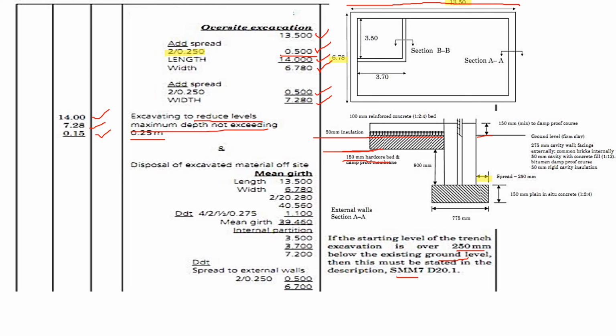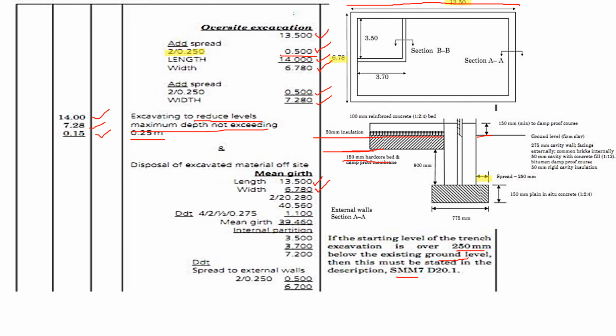Okay, so the next step is excavating for the trenches. To excavate for the trenches, we need the mean girth. How do we calculate the mean girth? For the mean girth, we take the length, 13.5, the width, 6.78. Remember, to calculate the mean girth, we take the external perimeter, then we deduct number of corners times the thickness of the wall.